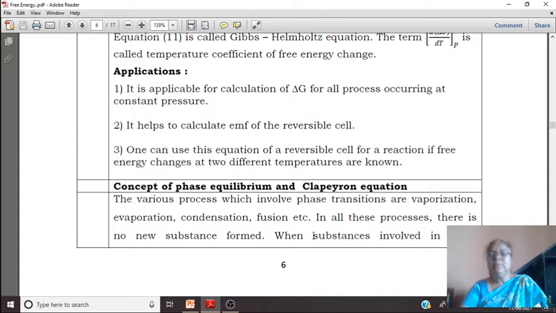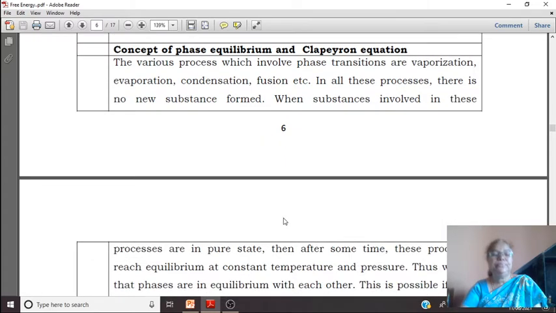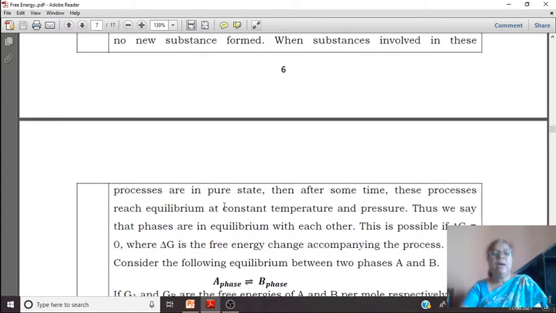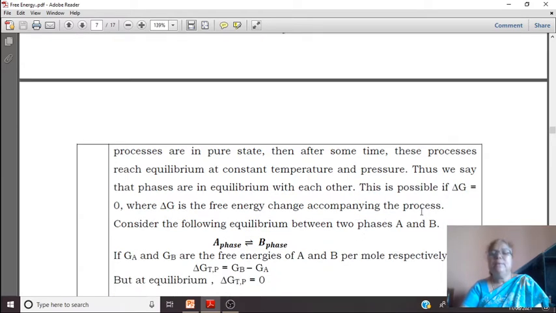When the substances involved in these processes are in a pure state, then after some time these processes reach equilibrium at constant temperature and pressure. Thus, we say that the phases are in equilibrium with each other, and this is possible if delta G is equal to 0.